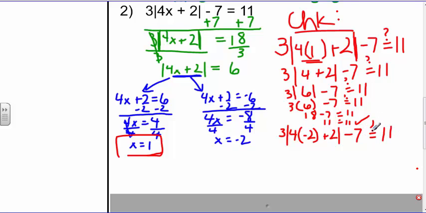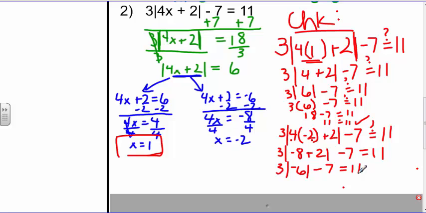So then we check to see if that works. Again, working the inside. 3 absolute value, 4 times 2 is negative 8, plus 2, minus 7 equals 11. 3 absolute value, negative 8 plus 2 is negative 6. Careful with your positives and negatives, that's going to be very important.